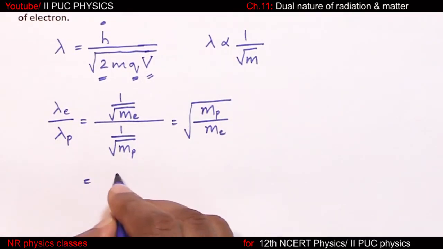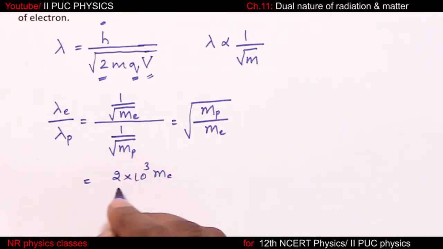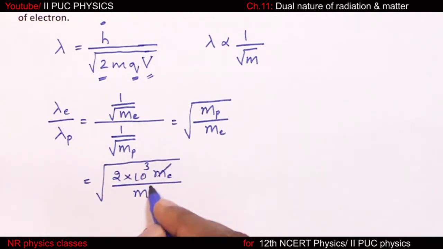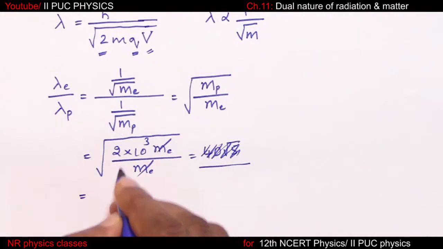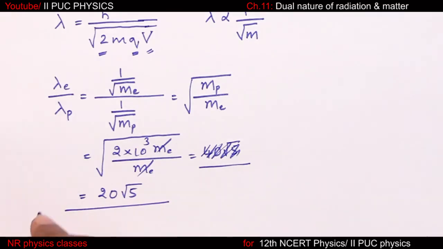Mass of proton is 2000 times that of mass of electron, so these two get cancelled. Root of 2000 is 20 root 5. So this is lambda electron by lambda proton.